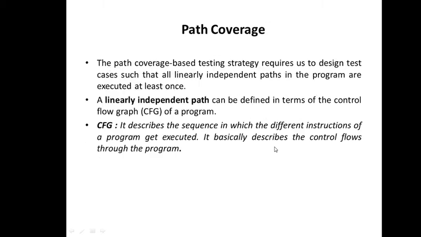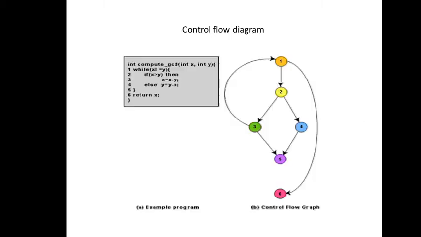So we say path coverage. Now I said we will not say each and every path must be executed once, because how many paths are there in this control flow graph? Can anyone guess? One path is this, second path is this, third path is this.